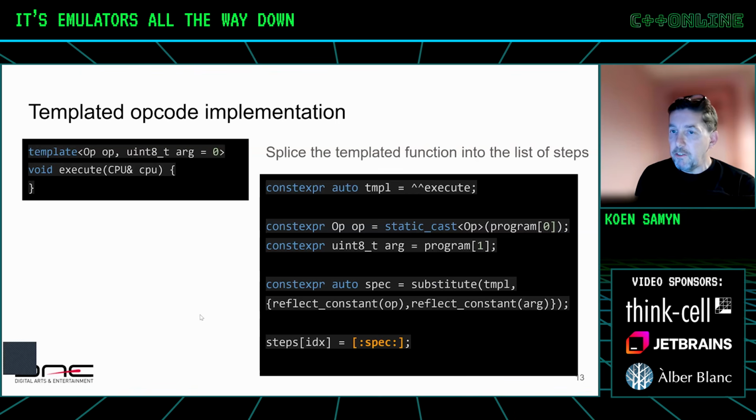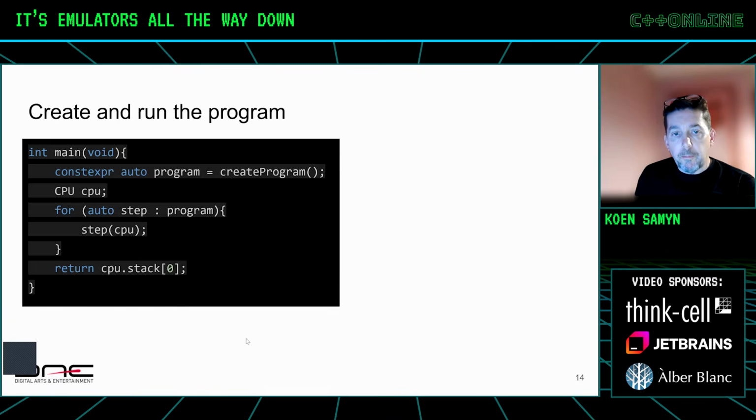Finally, and this is something that's also difficult for me, we splice that back in. It decays to a function pointer, and we can store that function pointer in an array of function pointers. So our program, we can compile it with create program. I didn't show that, but that's the reflection, the substituting and splicing of all the code.